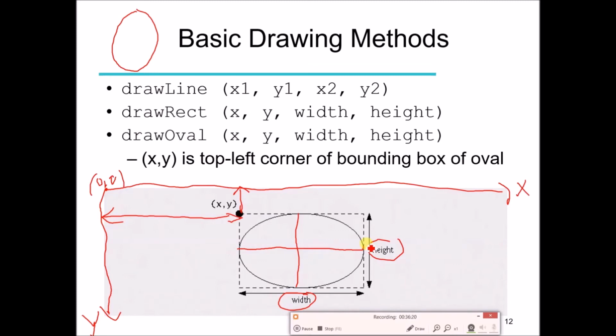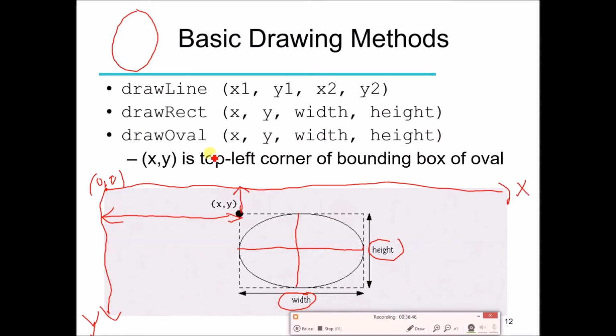But to make it easier for the programmer, we are not giving any different kind of parameter to draw the oval. So the programmer can just imagine that this oval is going to be drawn inside the rectangle, which is serving like a bounding box. Of course, the rectangle is not going to be visible in the output frame or in the output window.